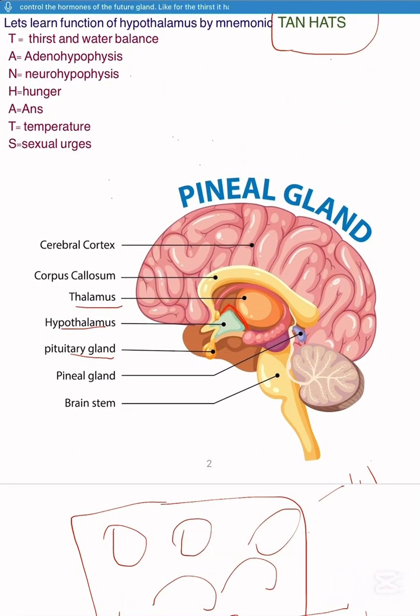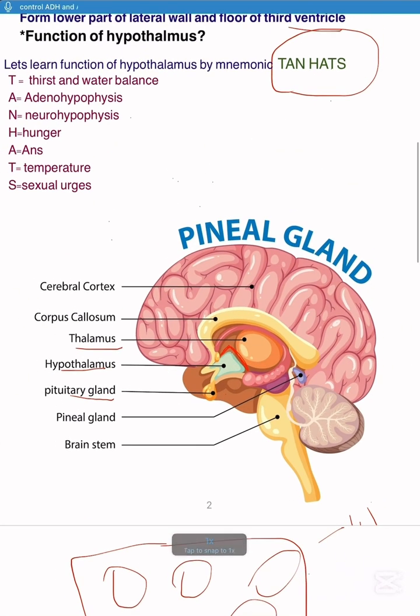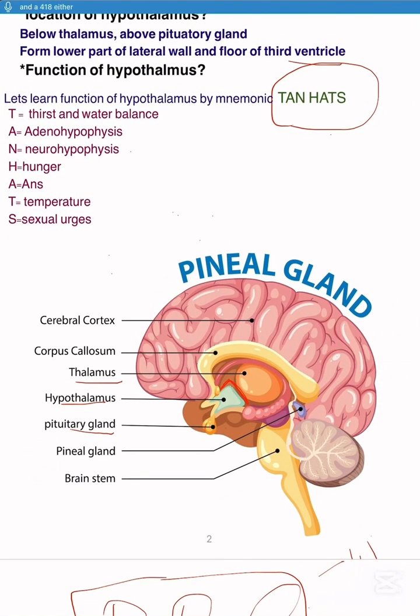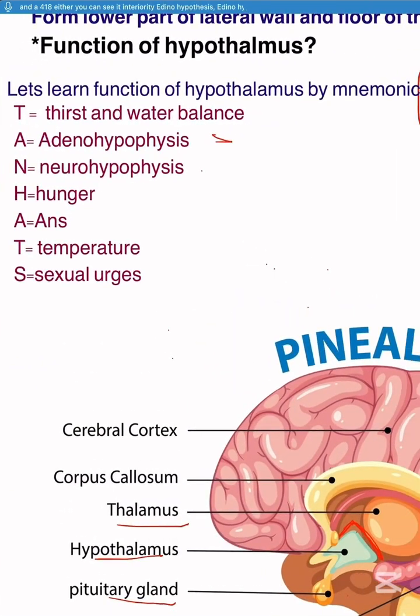For thirst, it controls ADH, and ADH is a hormone which acts on the collecting tubule of the nephron in the kidney and acts on water balance. That's another topic. A is for anterior pituitary, or adenohypophysis.